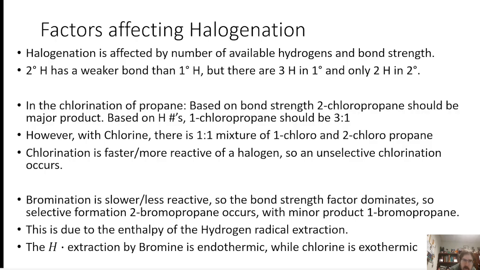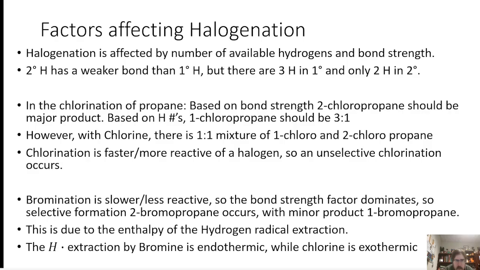While chlorination is faster and more reactive of the halogen, so it is a rather unselective process. So whatever it bumps into. But there is some favoritism. So if it was just speed, you would see the 3 to 1. But it is somewhat moderated by the strength of the primary versus secondary bond. So we get a 1 to 1.